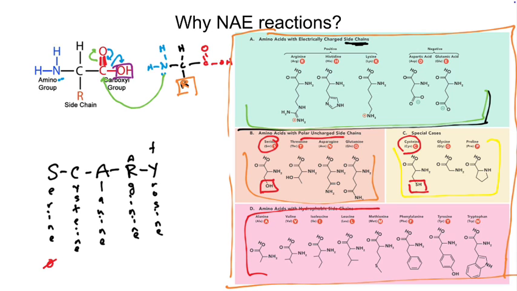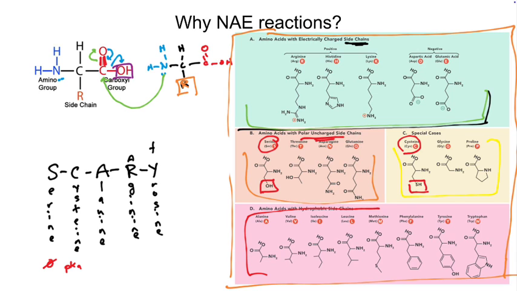When it says uncharged, that helps us out. It says there's no charge associated with it. If we're looking at special cases, well, what do special cases mean? That means it might become charged. How would we decide that? We would have to look up the pKa. So one of the extra things you typically have to memorize when it comes to a test on protein structure is the pKa for your amino acids.